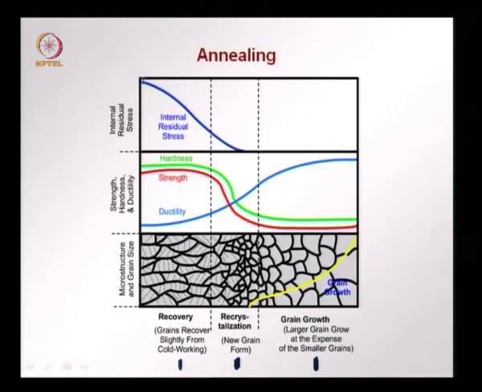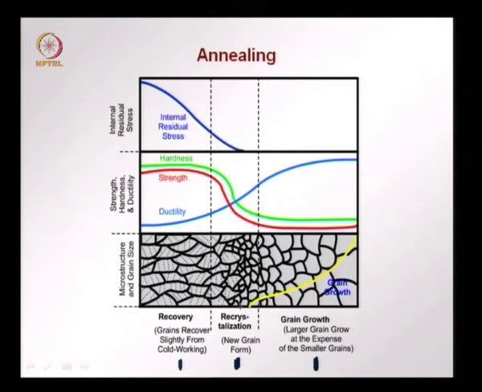First, we see that in the recovery phase, the internal residual stresses that were brought about by the cold working decrease drastically initially during the recovery stage. The hardness and strength do not change much. Ductility starts to increase, and mainly what happens in the grain structure is now we are releasing some of the residual stresses. The grains start recovering from cold working.